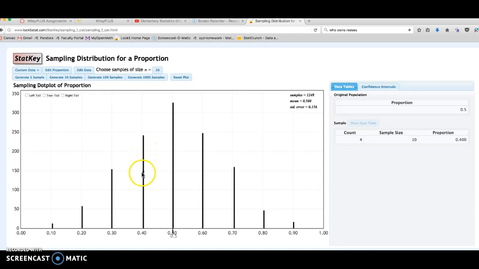These are all a bunch of dots. Each dot represents one sample of 10, and we plotted the p-hat, the sample statistic. What do you notice about the distribution of these sample proportions? We get a fairly nice bell-shaped, symmetric curve whose center is right at the population parameter.